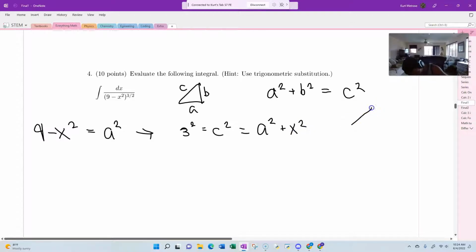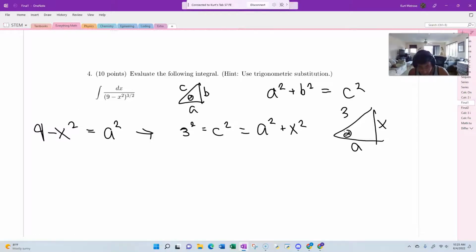So our triangle looks like this. We have a here, and then x, and theta, and theta.